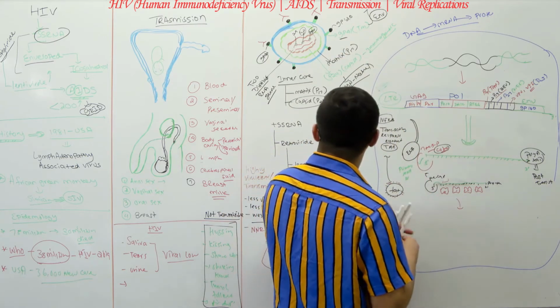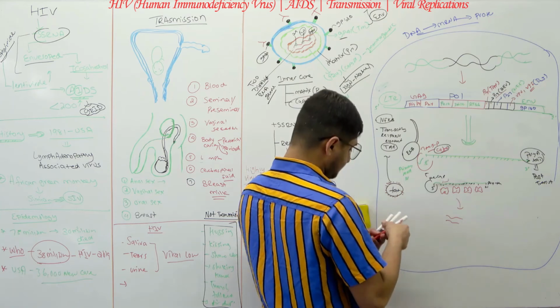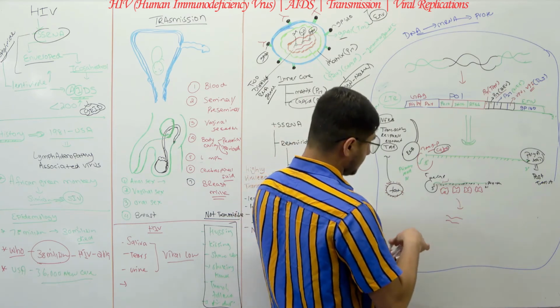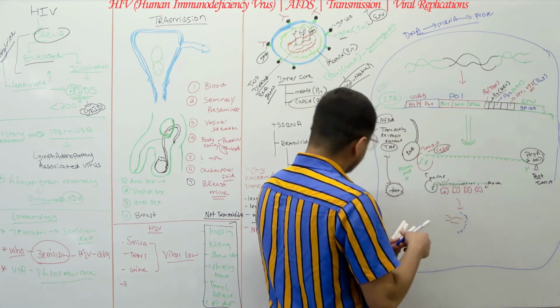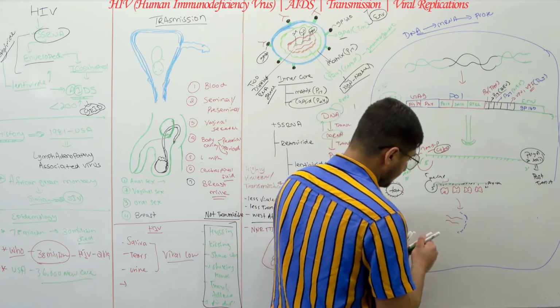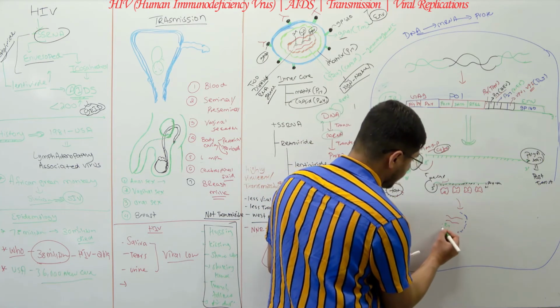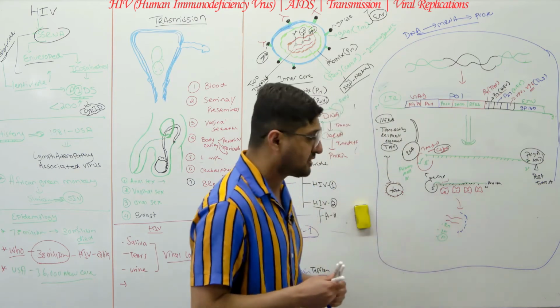We're trying to make the RNA genome, the two copies here, the nucleocapsid, and all these particles, and also the reverse transcriptase, the integrase, and the protease. This is an aspartate protease, by the way.